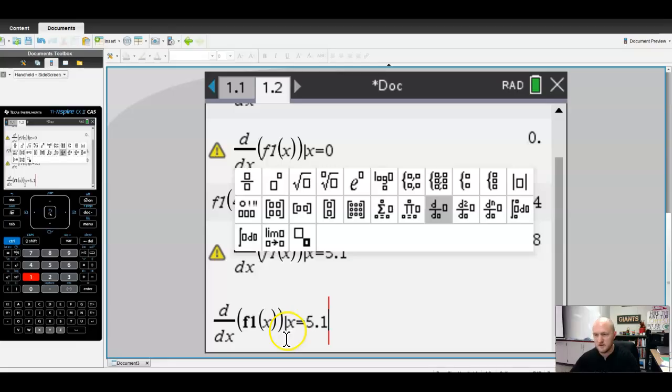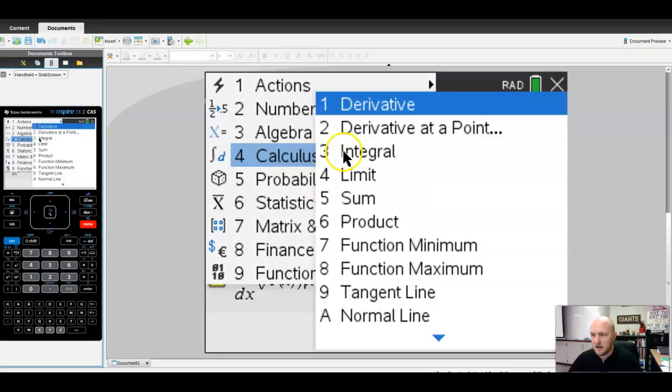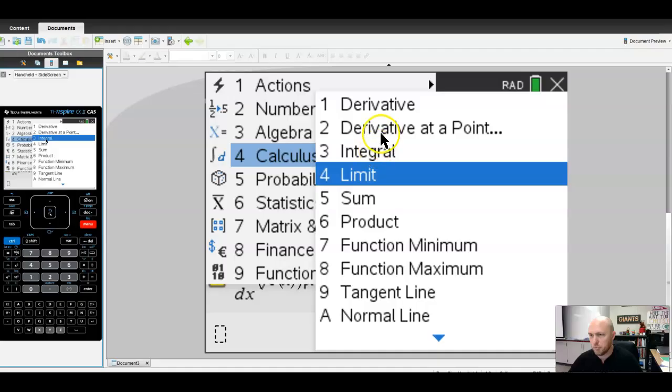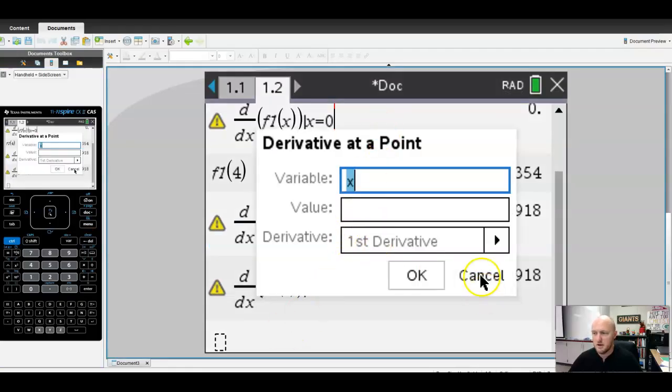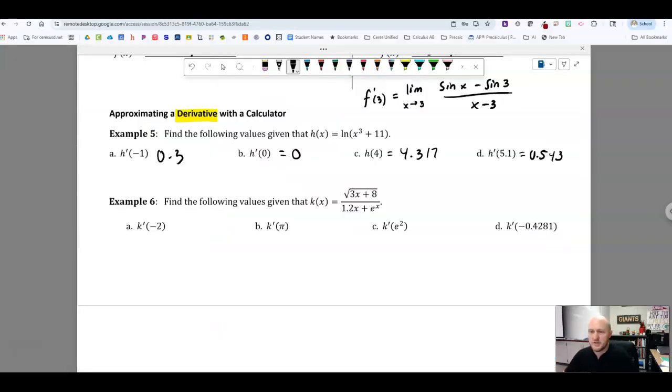X equals 5.1. And I hit enter, and there is our answer, 0.543. If you ask me, doing the menu calculus derivative at a point is much simpler than all that, but to each their own. Okay? All right, so that is with a TI Nspire, and there's our values.